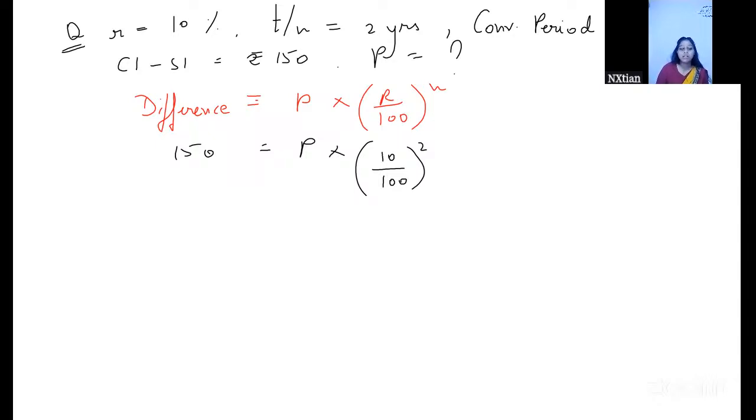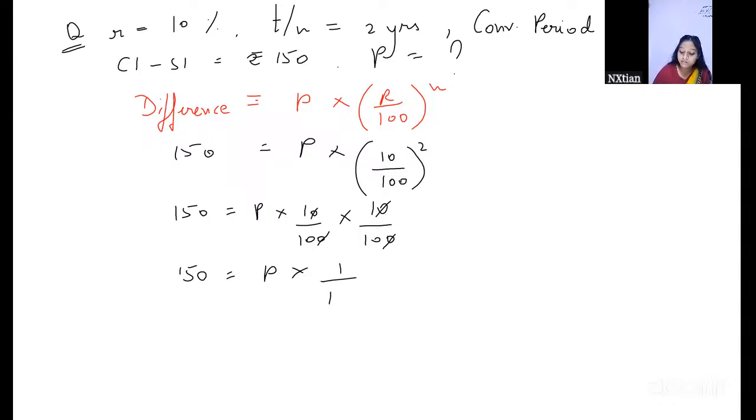Now, it says R upon 100 raised to the power 2. So 150 equals P into 10 upon 100 into 10 upon 100. Cancel. Multiplying, 150 equals P into 10 into 10 over 100 into 100, that is 1 upon 100.